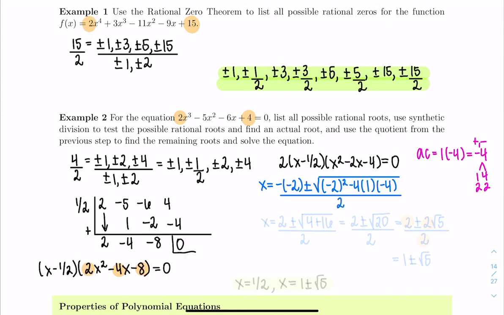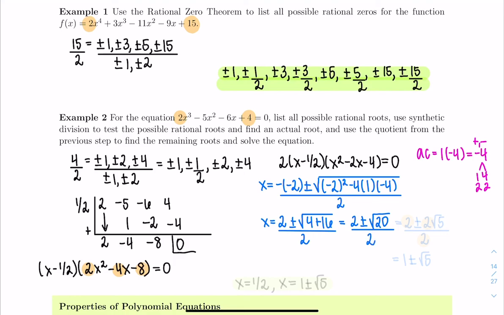And so simplifying, -2 is going to give me +2. And then we've got 4 plus 16 all over 2. And that simplifies to 2 plus or minus the square root of 20 all over 2.